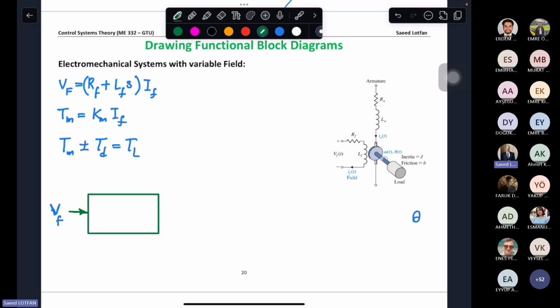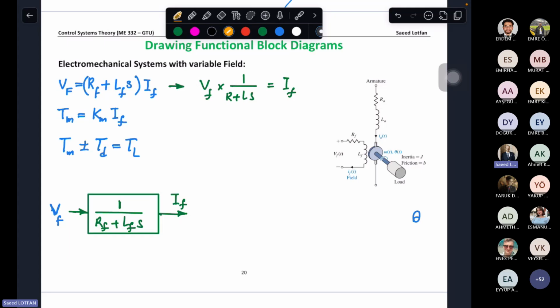VF multiplied by 1 over RF plus LFS gives me IF. Then this IF multiplied by a constant gain Km gives me the torque TM.